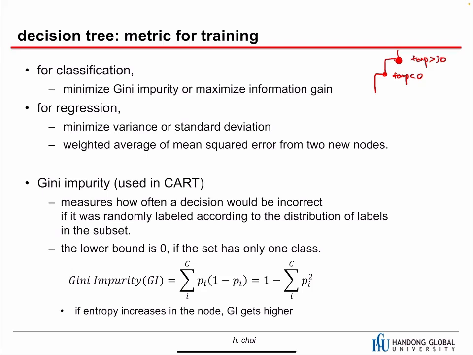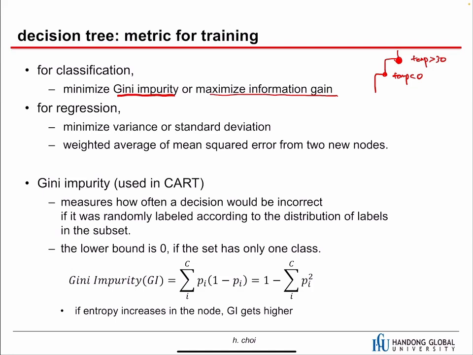For classification, we minimize Gini impurity or maximize information gain. Roughly speaking, as I said, we're going to use a feature which splits the set into pure classes. When we split the set in the node, each of the left subtree and right subtree has samples of a single class, that is, pure.